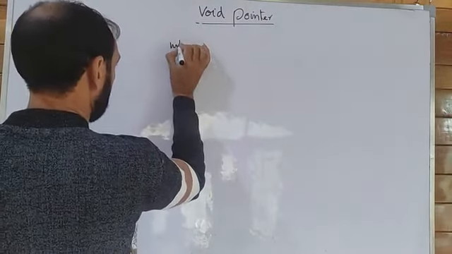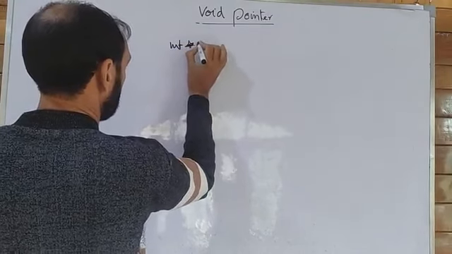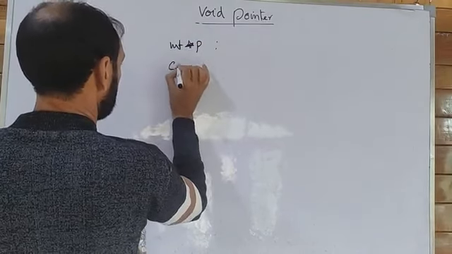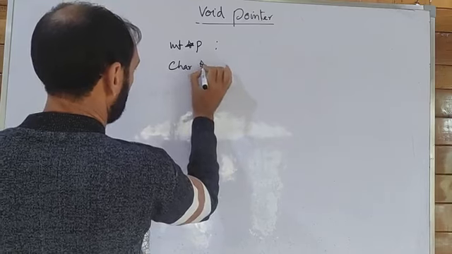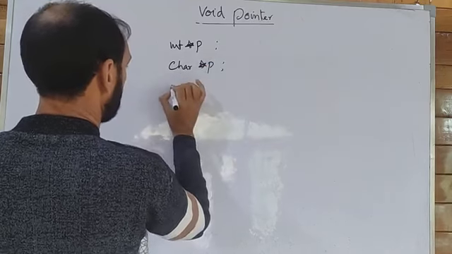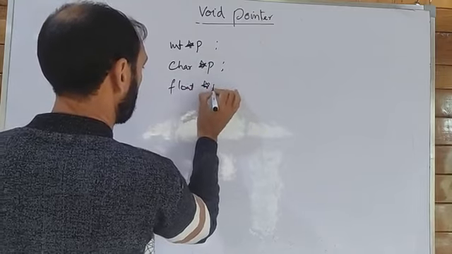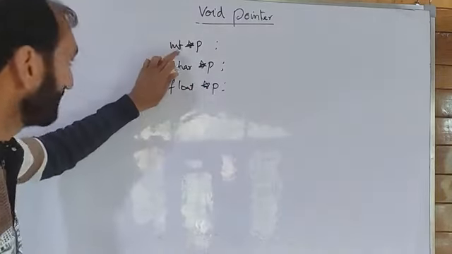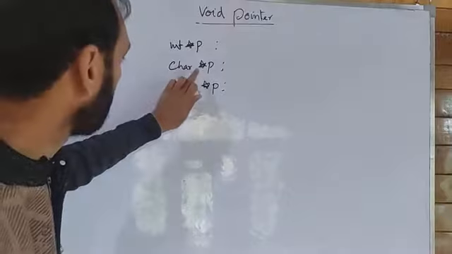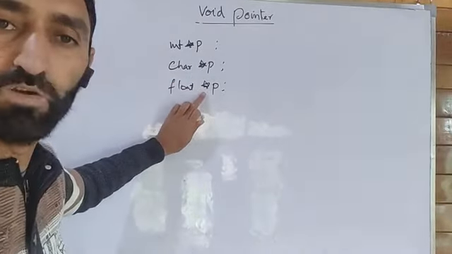For example, we write int *p, char *p, float *p. Actually, this is an integer pointer, this is a character pointer, this is a float pointer.